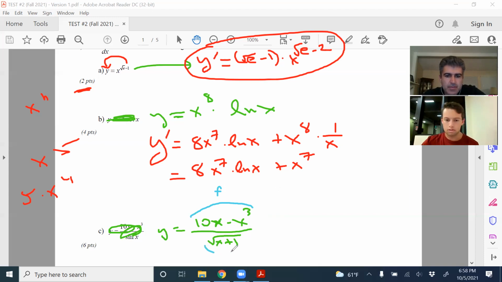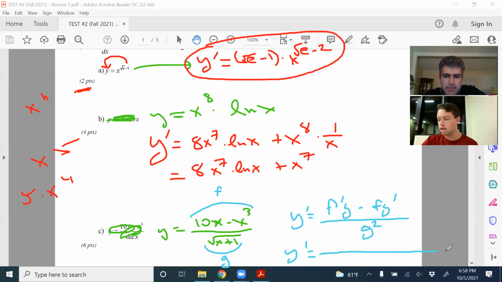So f is 10x minus x to the third. So then y prime is f prime g minus f g prime over g squared. Wait, what? Over g squared. Oh, yeah. That's right. You're right.